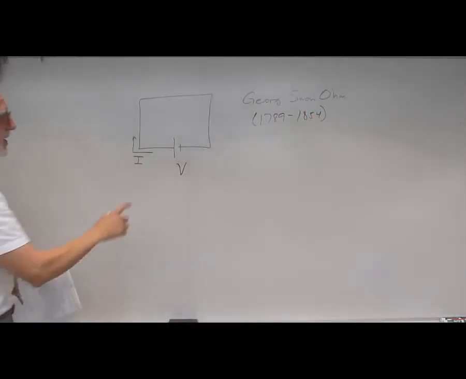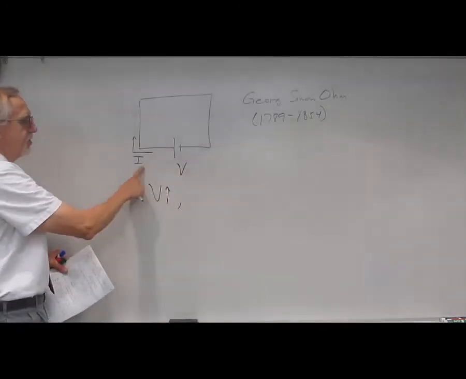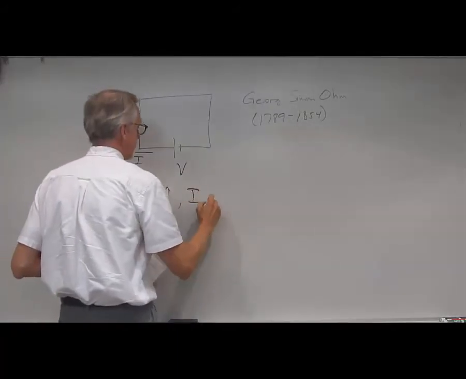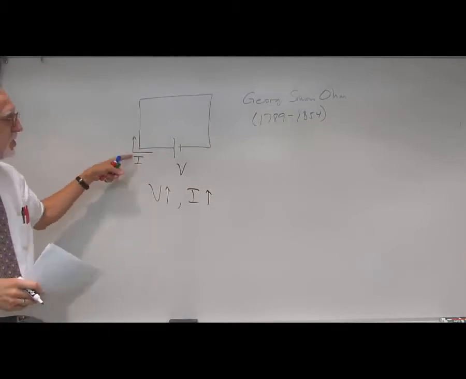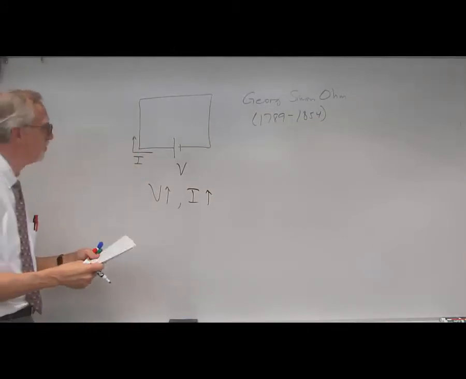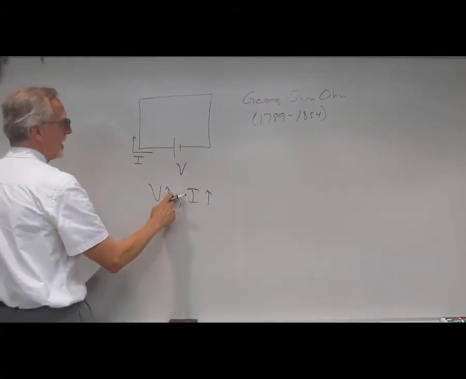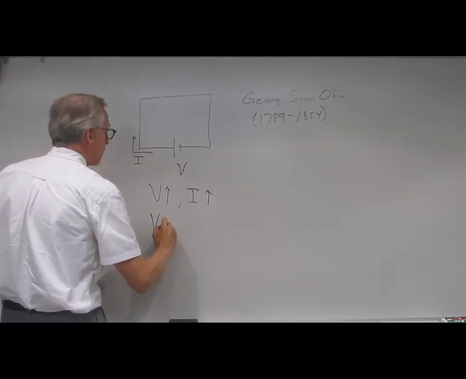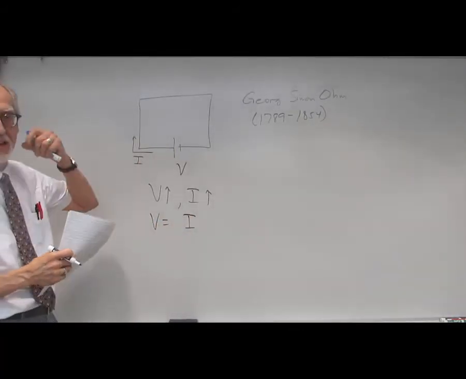he noticed that if you increase the voltage, what would you expect? If you increase the voltage, what do you expect from the current? You expect the current to increase. The greater the voltage, the greater the current. If you decrease the voltage, you expect to decrease the current. Well, he wrote this as a proportionality, such that V was proportional to I. But what's this proportionality constant?